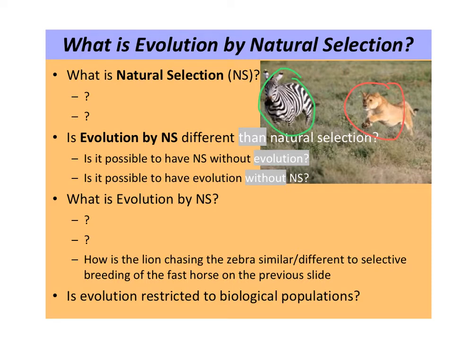And those individuals that have traits that allow them to survive and reproduce better than individuals who don't have those alleles or traits, they survive better, they breed, they leave more offspring. More of their genes are transferred to the next generations. And then, is evolution restricted to biological populations? We'll think about that in a second.